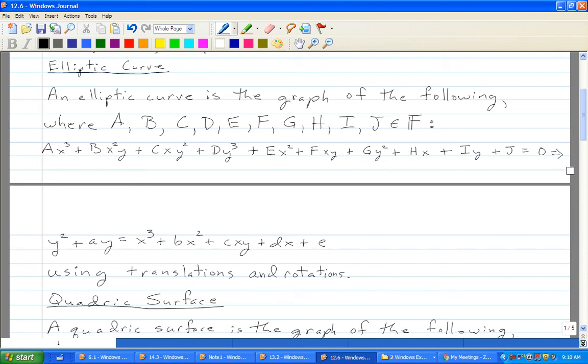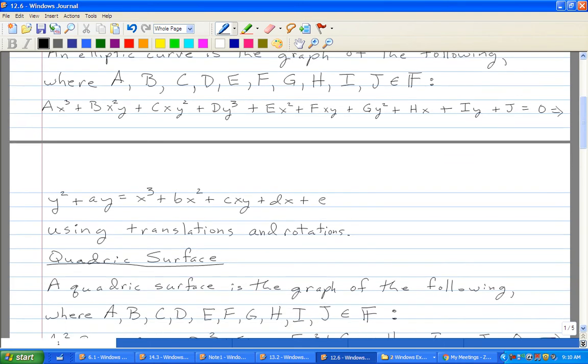We can simplify this using translations and rotations and write it in the form y squared plus ay equals x cubed plus bx squared plus cxy plus dx plus e.